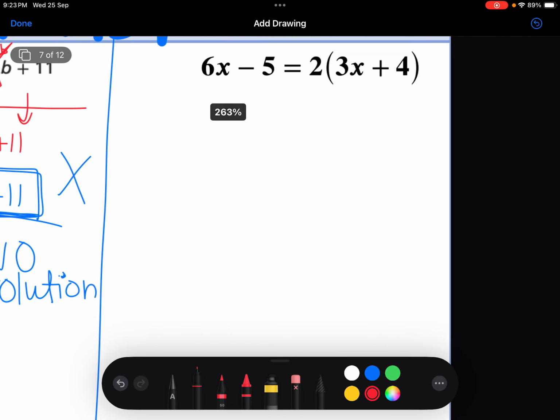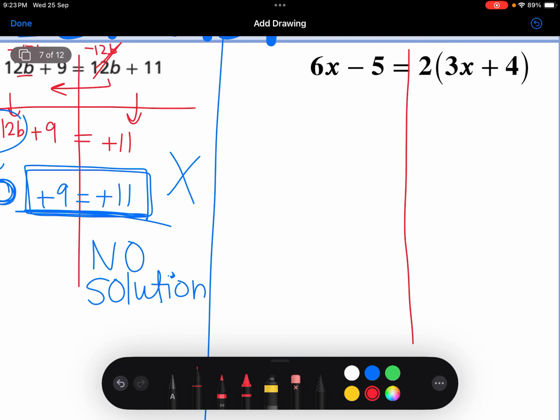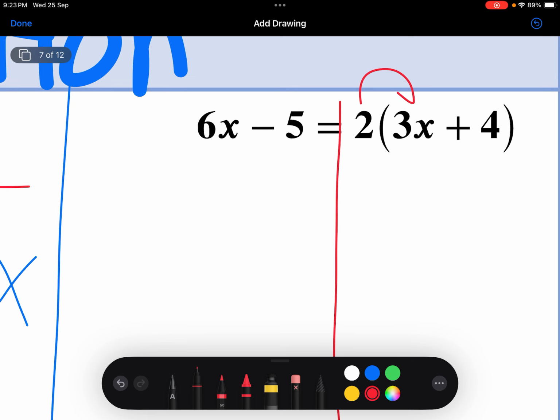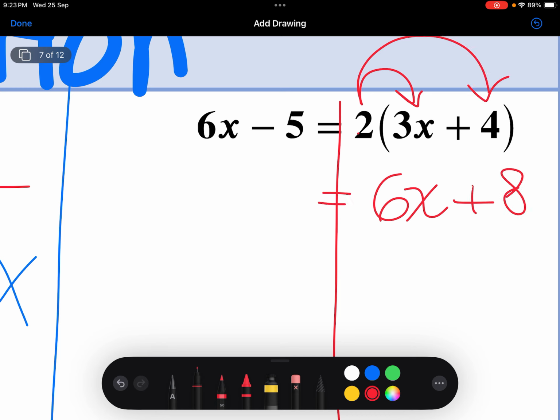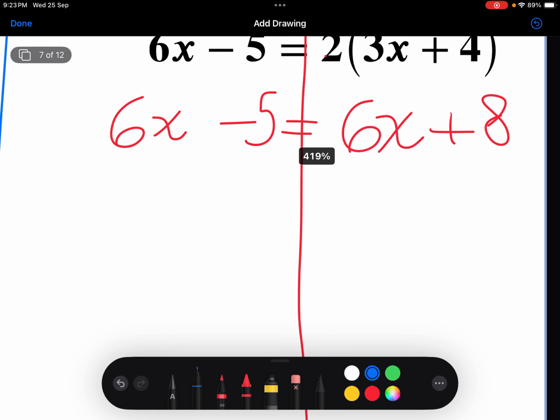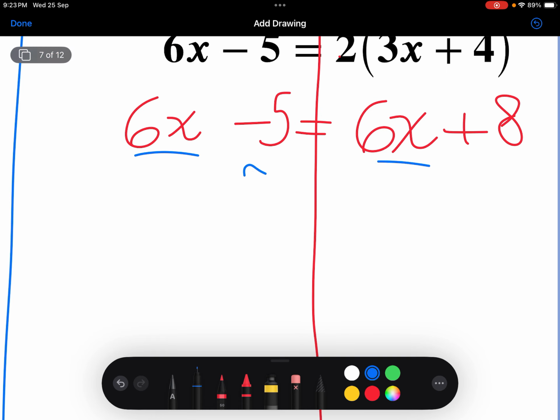Yalla, let's do the last example. Again, bracket, then I have to distribute. 2 times 3x is 6x. 2 times 4 is positive 8. Equals 6x minus 5. Yalla. Again, you notice that we have the same variable, different numbers, but still keep on solving. Now I have variables on both sides. Cancel it from one side. Bye-bye.